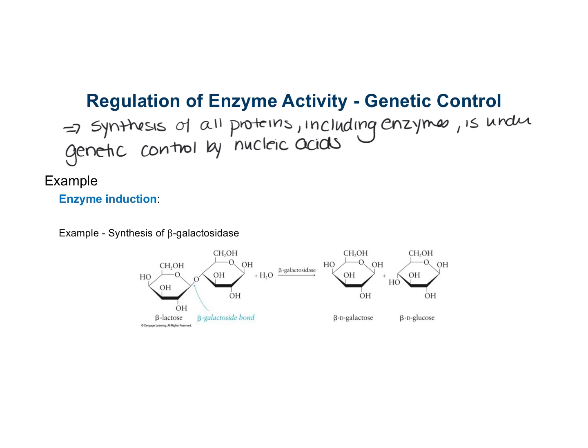Okay, an example is the genetic control of the enzyme activity that involves enzyme induction, which is the synthesis of enzymes in response to the temporary need of the cell.